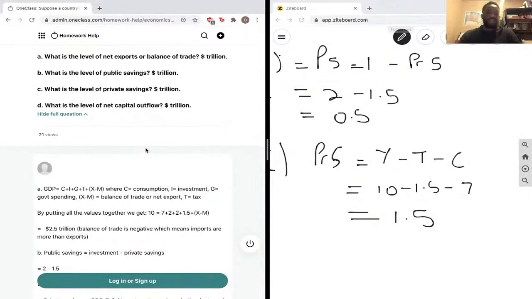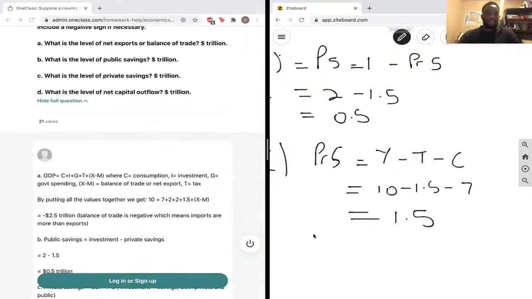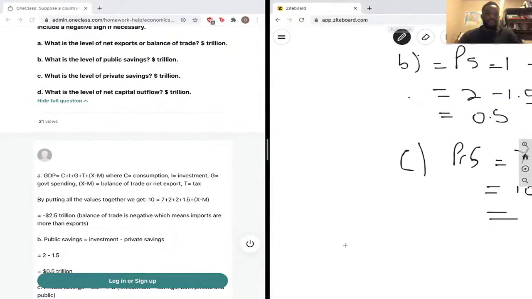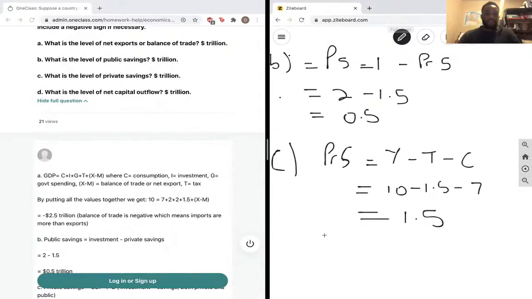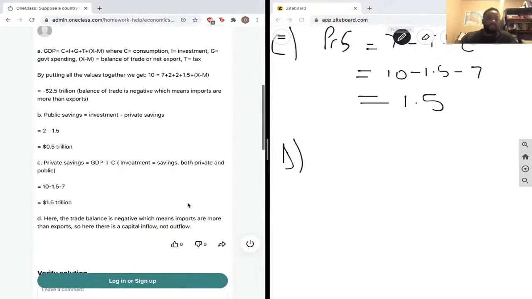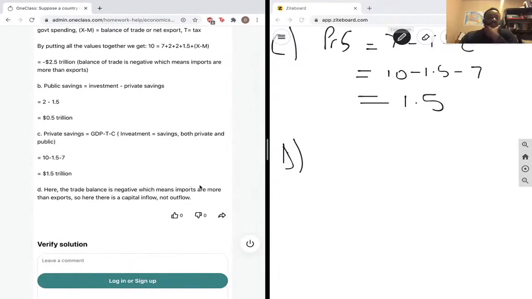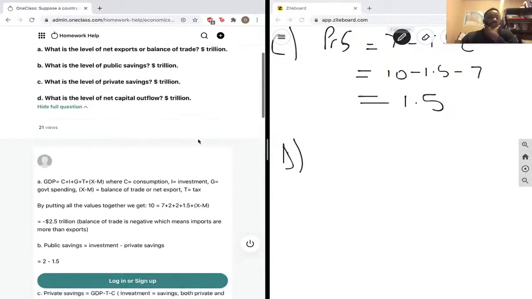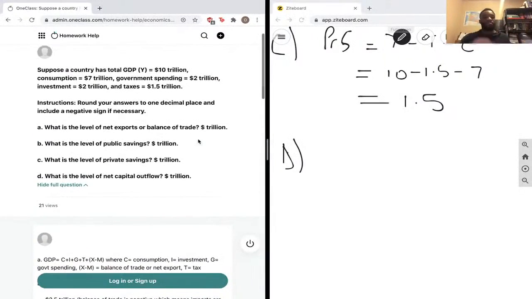And the last question says, what is the level of net capital outflow in trillions? That's part D. Your tutor says, here the trade balance is negative, which means imports are more than exports. So here there's a net capital inflow rather than outflow. And that's correct.